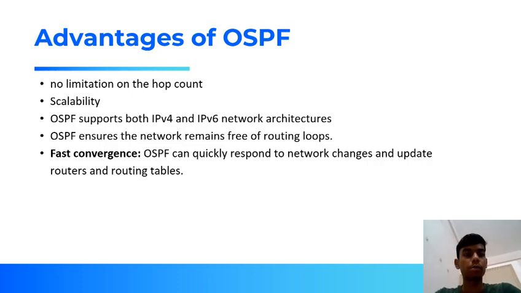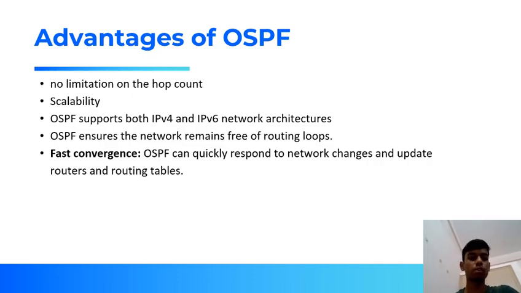In RIP, it is hard to add a new router or network in an autonomous system, and the configuration should be done manually. Whereas if you take OSPF, it has an inbuilt dynamic configuration.